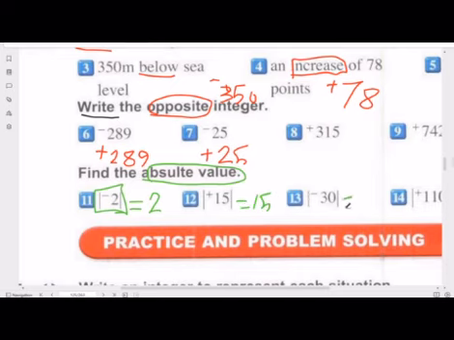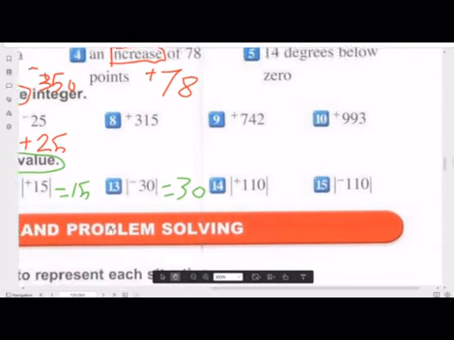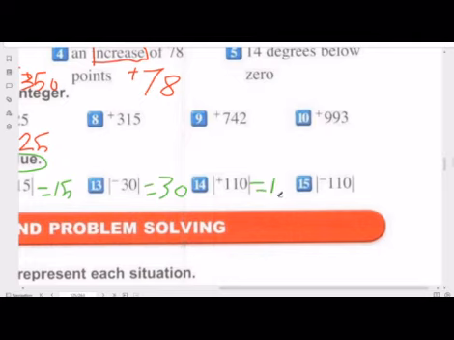The absolute value of negative 30 is 30. And the absolute value of positive 110 is 110. The absolute value of negative 110 is 110. Both of them, negative or positive, the absolute value must always be positive. That's all.